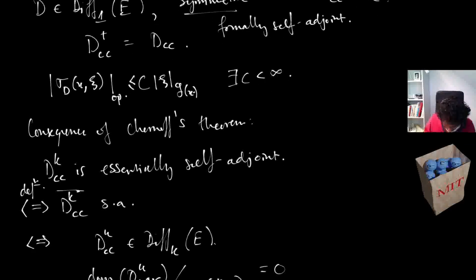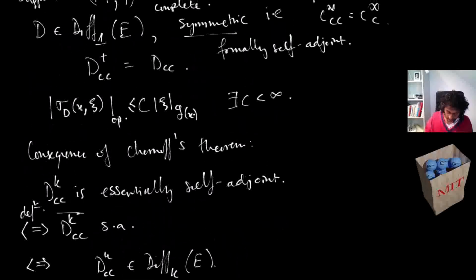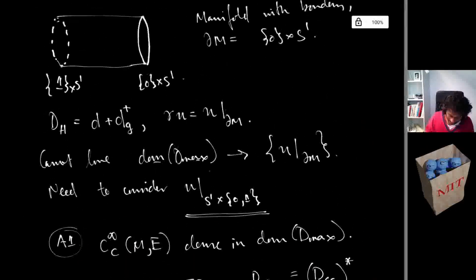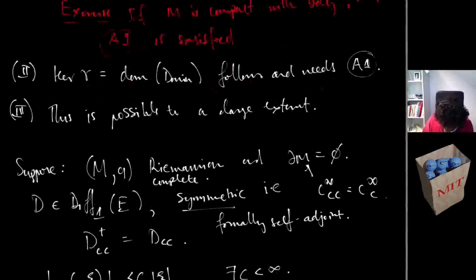So I will leave it at that, and on Wednesday we will start talking about Sobolev spaces, because that's necessary to actualize our goal number one, which is to define gamma on all of dom D max. Okay, thank you very much.